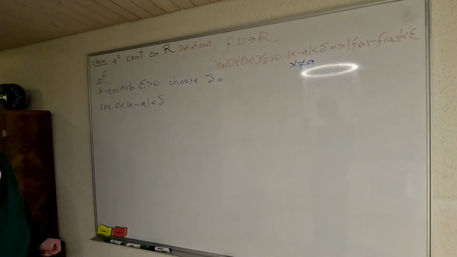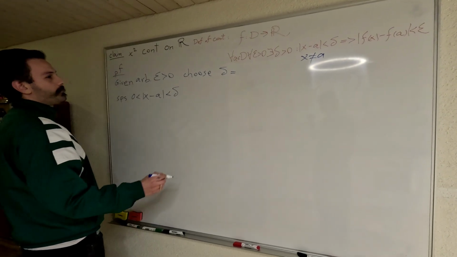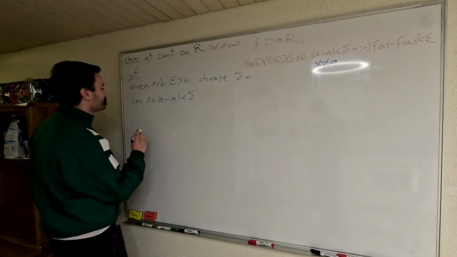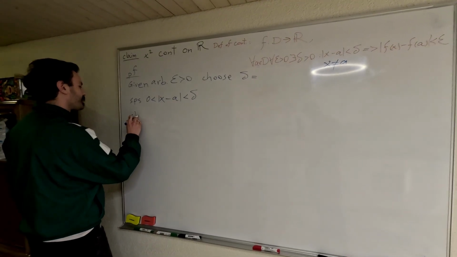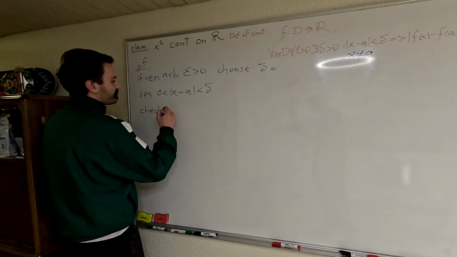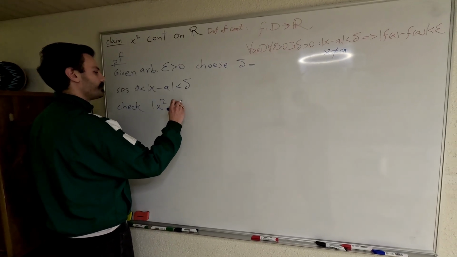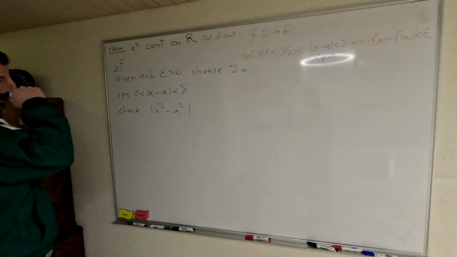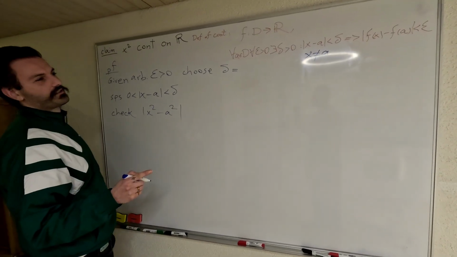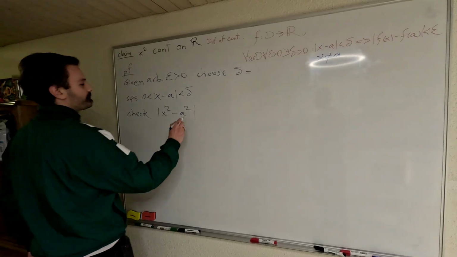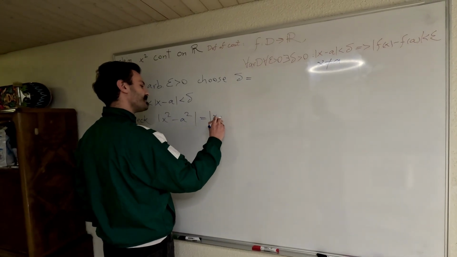We want unequal, and that implies, then check, we plug in the functions, and at this step we don't write less than epsilon, but rather we factor this expression and see what happens.